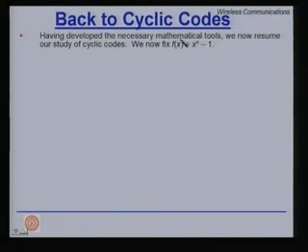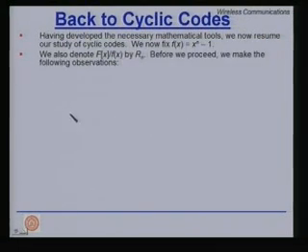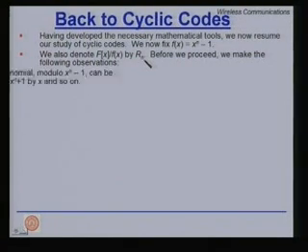This is very interesting, as we will soon see. And we also denote, if your small f(x) is x raised to n minus 1, then the set F[x] divided by f(x) by R_n. Let us make the following observation.